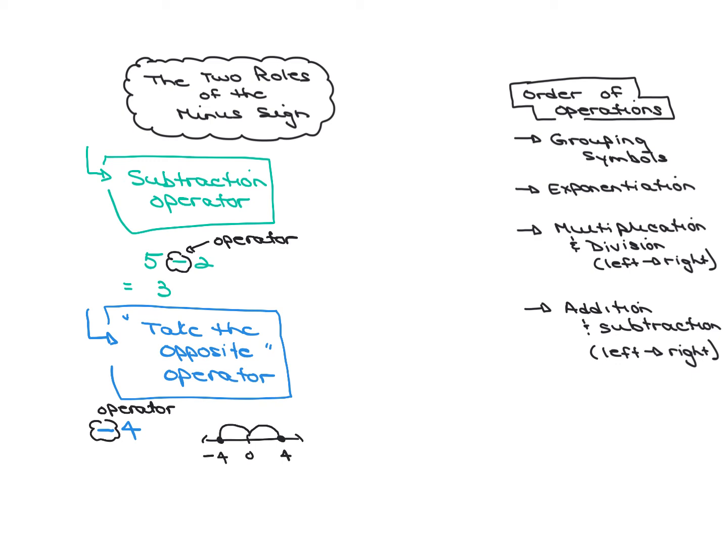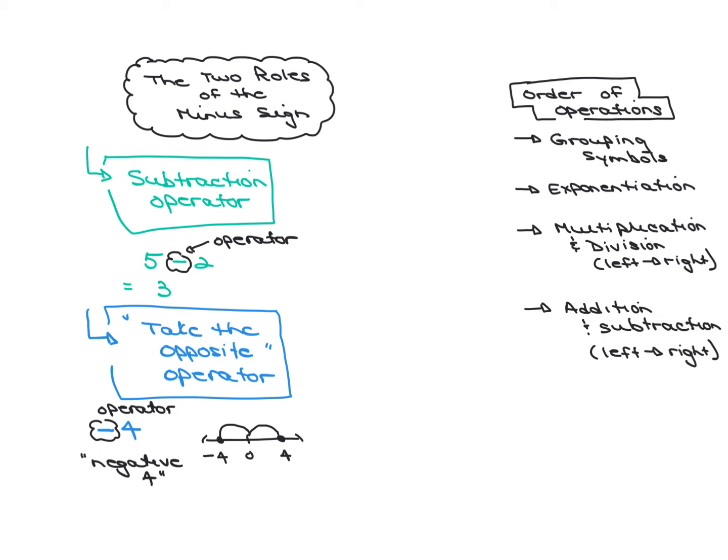So -4 is the opposite of 4. So sometimes we'll call this -4 instead. Now it's important to know we think of that when we look at this as -4, a number to the left of 0. But from math's perspective, it's thinking about it as taking the opposite of the number 4.